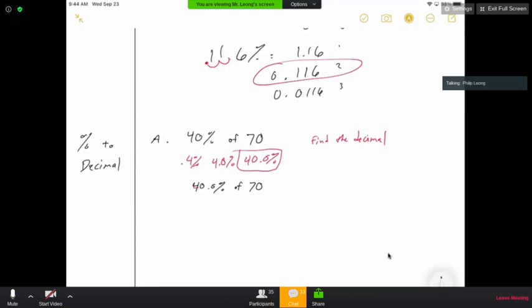Okay. So now, after that, you move the decimal. 40.0 becomes 0.4. We move the decimal 2 places, right? We say, okay, 1, 2. And this becomes 0.4.